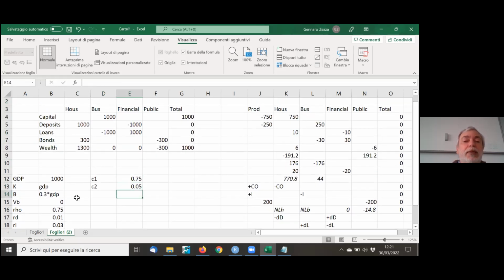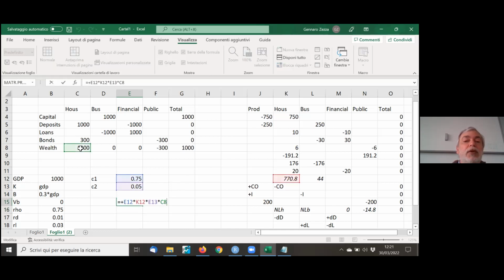So for our numbers, this implies 75% of the 770 plus 5% of this.